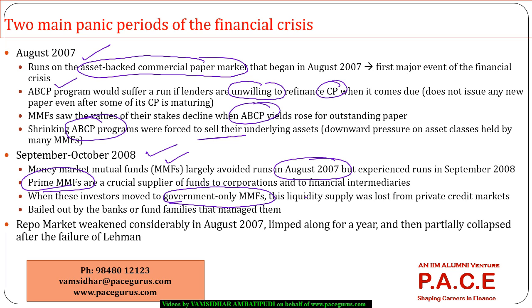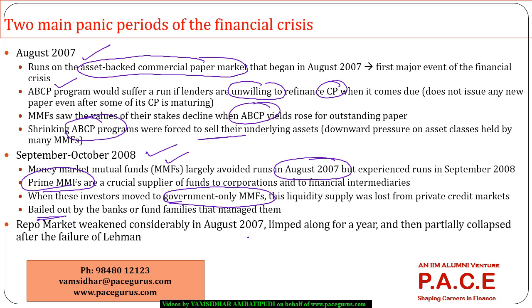So from all the private credit markets, the liquidity got very badly affected, and the majority of these money market mutual funds had to be bailed out by the banks, or in some cases by the fund families which managed them. That triggered the whole crisis and created a big panic in the United States during 2008, which accelerated the crisis.